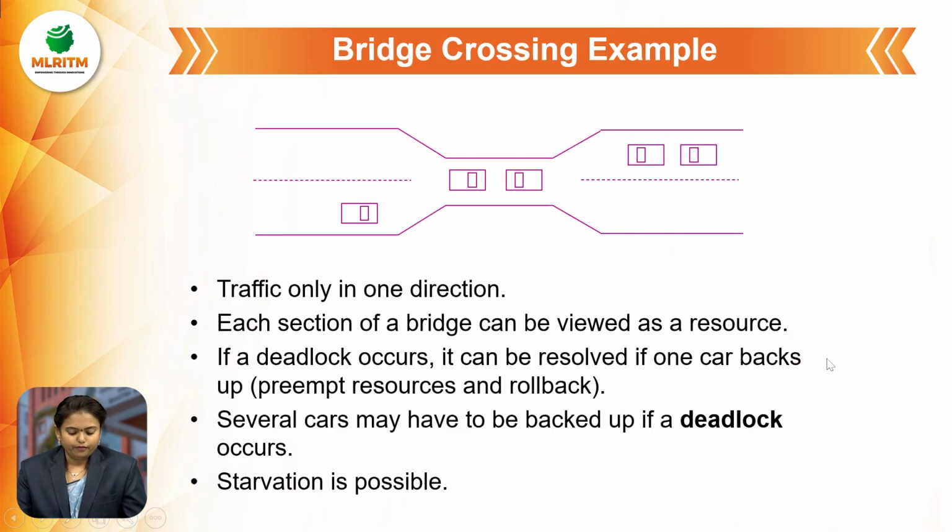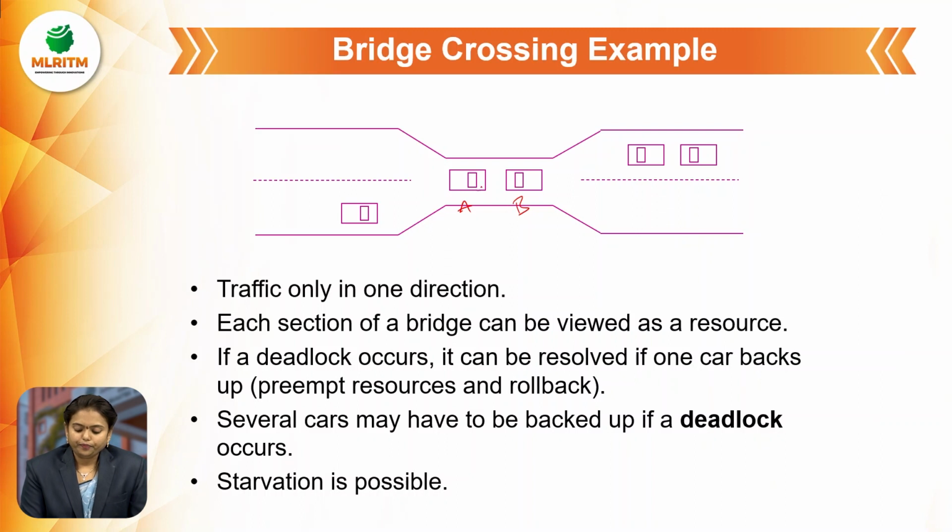For example, let us take the bridge crossing example. Here there are vehicles A and B and so on. Traffic is in only one direction on this bridge. Each section of the bridge can be viewed as a resource.